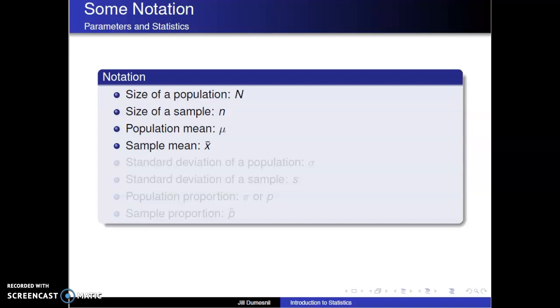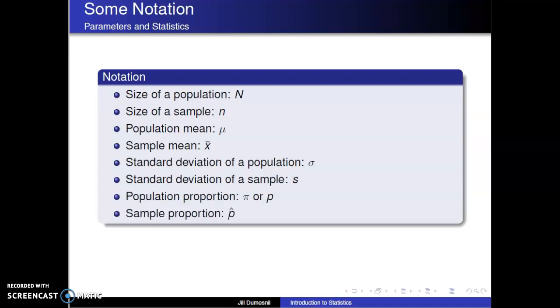Using Greek letters for the population parameters is pretty standard. We use a lowercase Greek sigma for a population standard deviation, and a lowercase s for a sample standard deviation. Notice that mu is the Greek m and sigma is the Greek s.